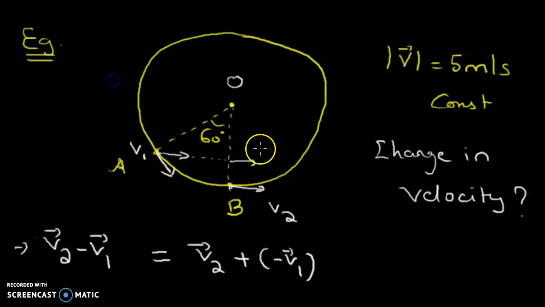This is all v2. So what would be the angle between these two vectors? This is 90, this is 60, this would be 30, then this is perpendicular, then this would again be 60.